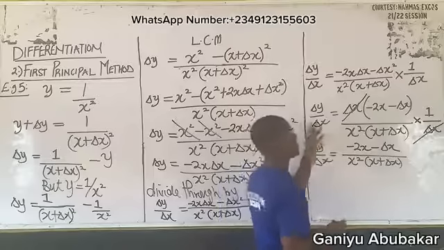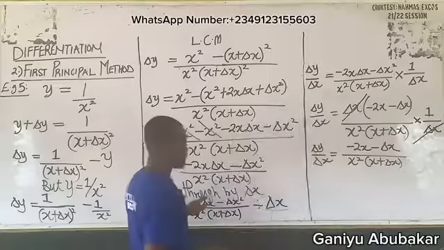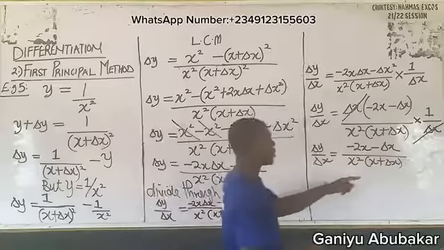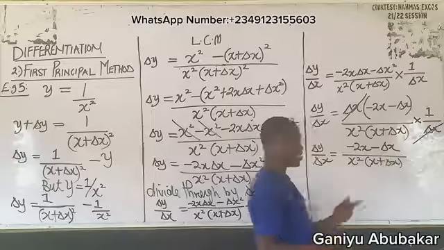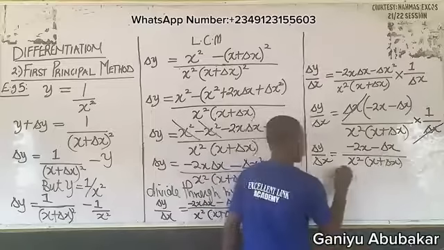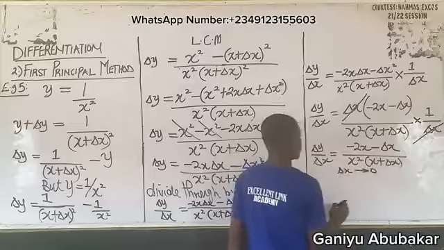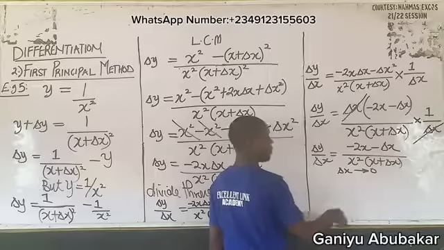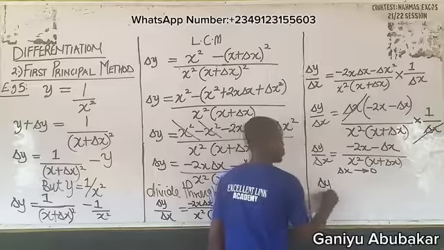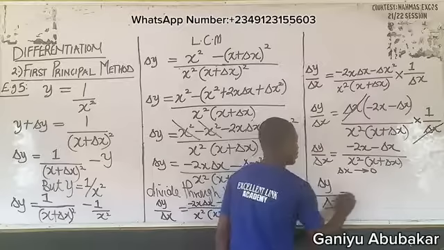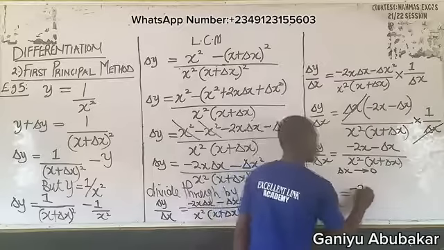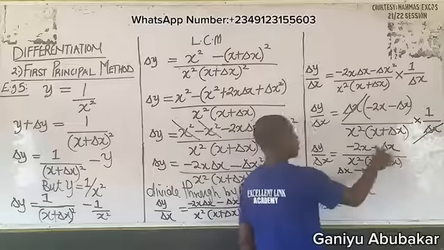We said after dividing through by change in x, you are still left with change in x. Take it as 0. To save time, to save space, this becomes change in y over change in x is equal to minus 2x. If I put 0 here, it's off already.